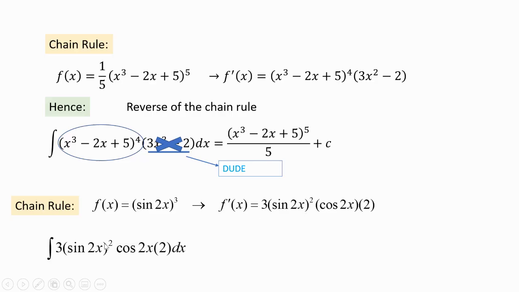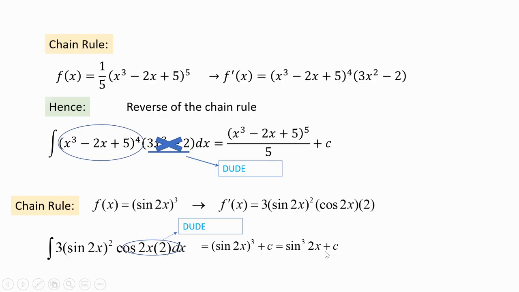If we have the cos 2x times 2, that would be considered my dude, which means I could ignore the dude and just simply integrate the bracket, which would be add 1. 3 divided by 3 gives me 1. So I've got sine 2x all cubed plus c. So what I'm looking for is the dude. Remember, the trig dude is cos of the angle times the derivative of that, which we can even call the little mini dude.